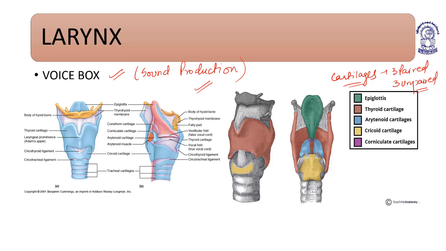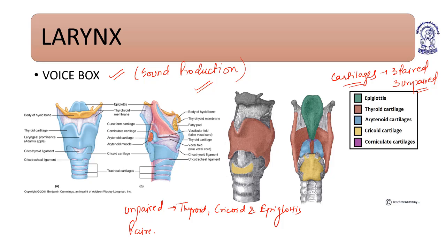These are the laryngeal cartilages. Unpaired cartilages: thyroid, cricoid, and epiglottis. They are unpaired.